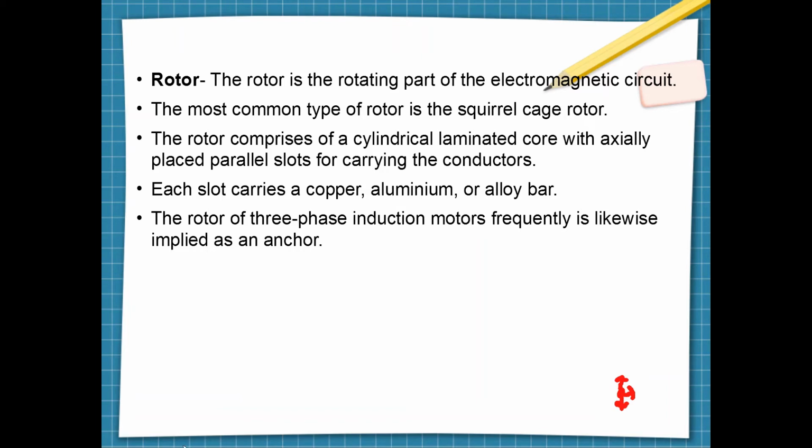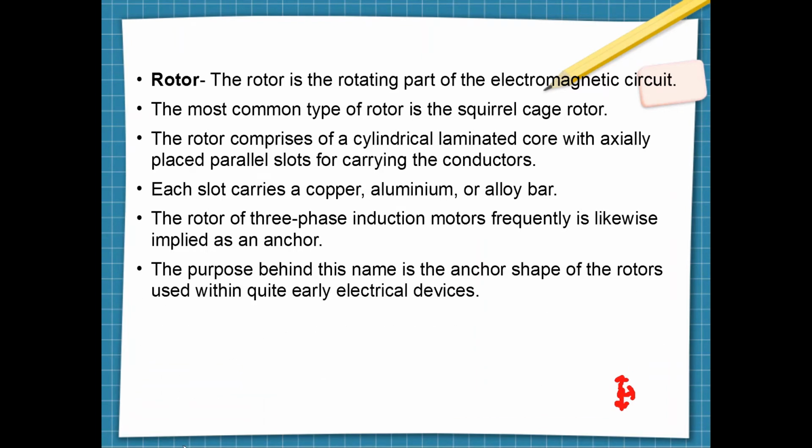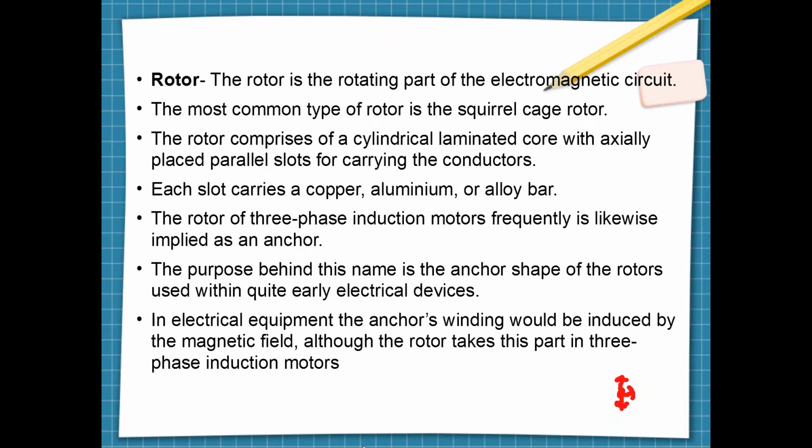So the purpose behind this name is anchor shape of the rotors used within quite early electrical devices. In electrical equipment, the anchor's winding would be induced by the magnetic field, although the rotor takes this part in three-phase induction motor.